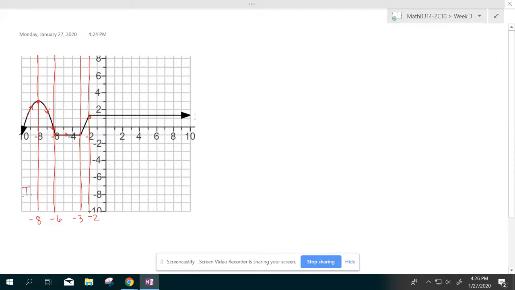So the first section is increasing. Next, we're decreasing. Next, we're constant. And then increasing and constant. And then once we've got this set up the way we've got it now, it should be a piece of cake to get the increasing, decreasing, and constant.